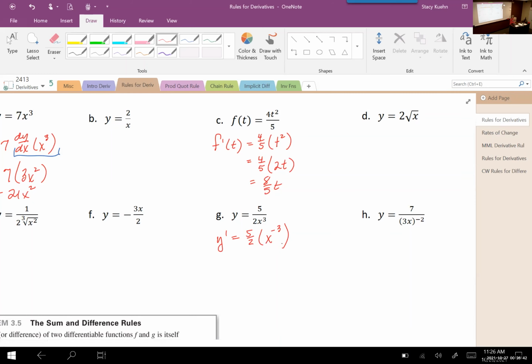I pulled the constant out and took the base and rewrote it, giving me 5/2 times -3x to the -4, or in other words, -15 over 2x to the 4th. Are we all right with what I did there? I took my variable and moved it to the denominator because the exponent was negative. The 2 is already in the denominator, so I put it back down there. All right? Okay?